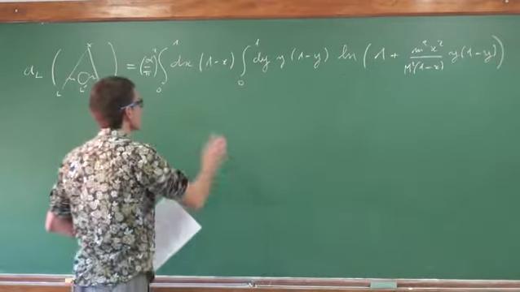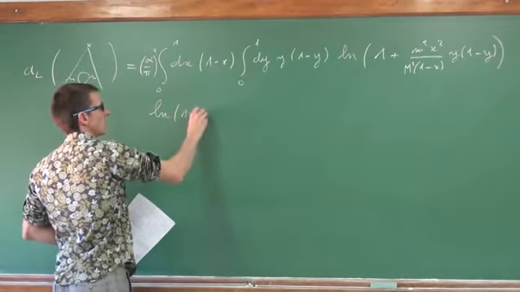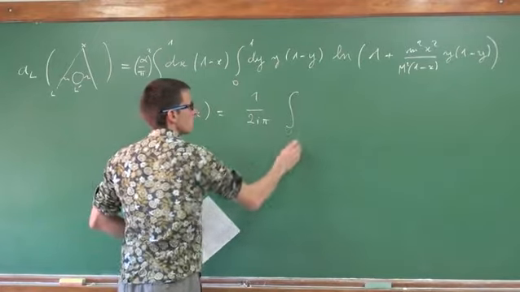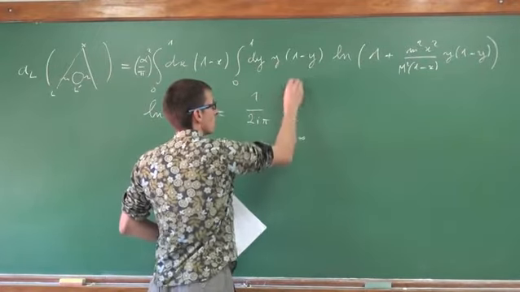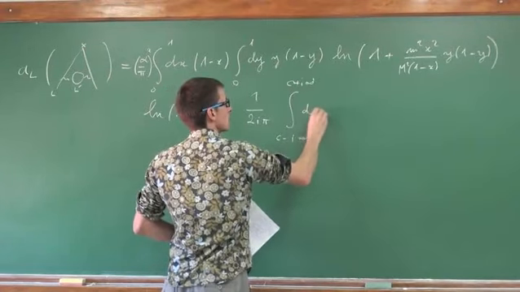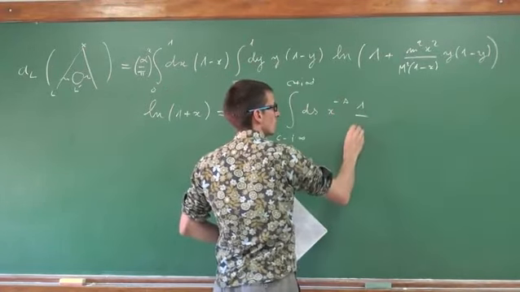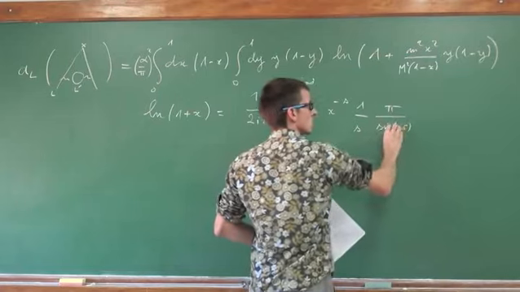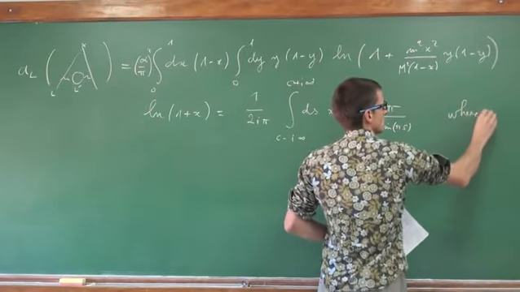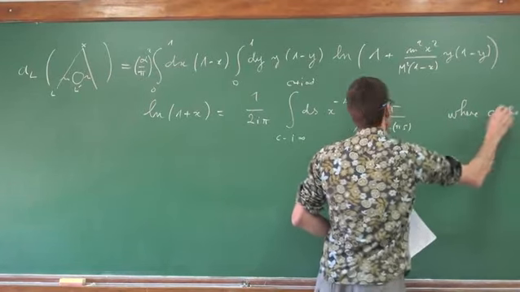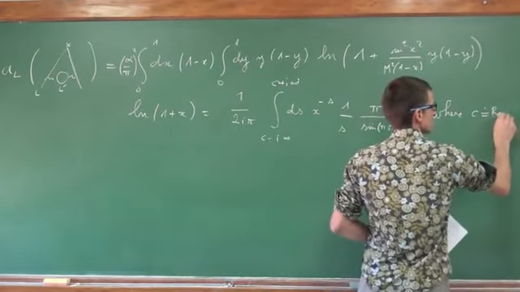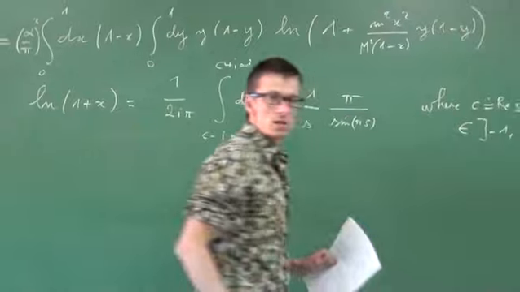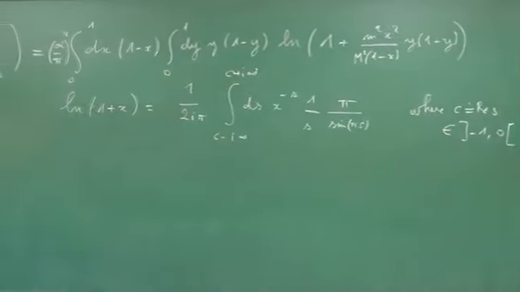And we saw that by using a representation of this as an integral in the complex plane, which has the following form, where C is the real part of S, in this range, we have been able to rewrite this.